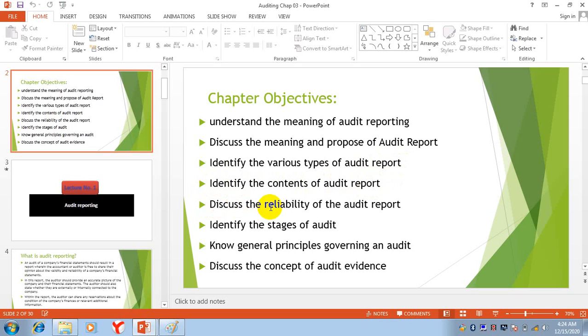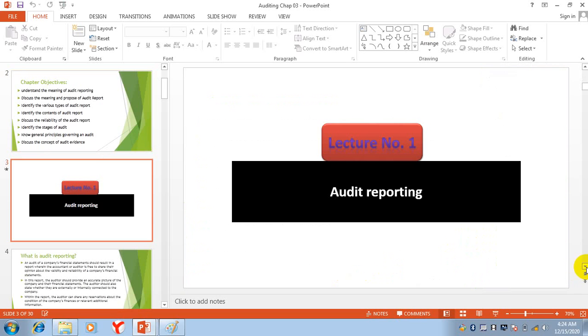Then we will discuss the reliability of the audit report, different stages of audit, the general principles governing an audit, and the concept of audit evidence. So inshallah, in the next class we will start this audit reporting.